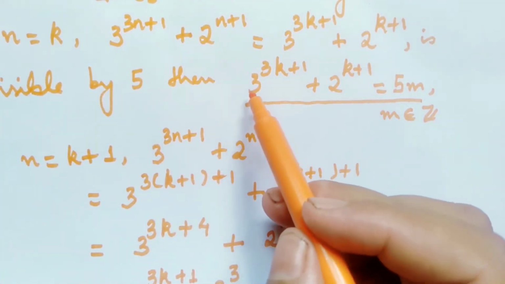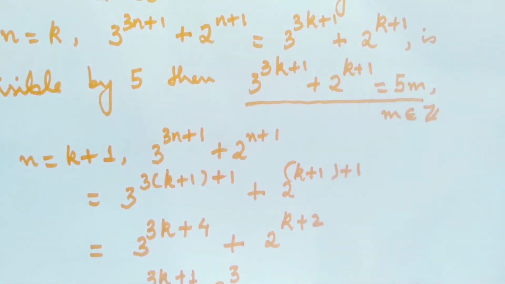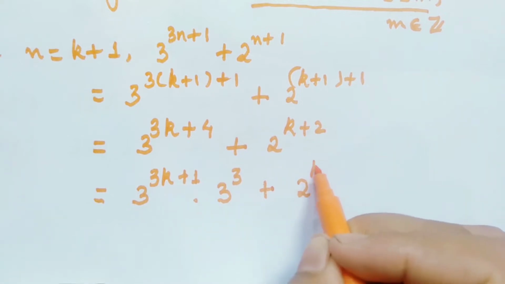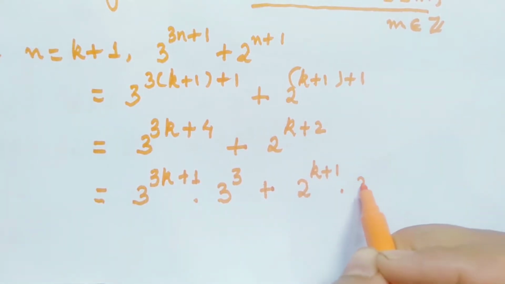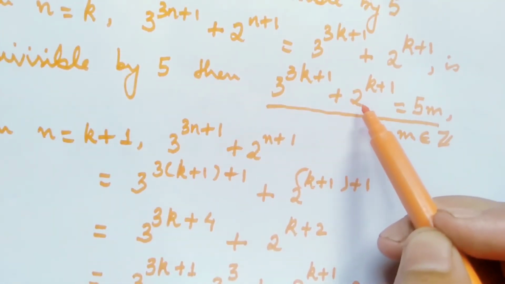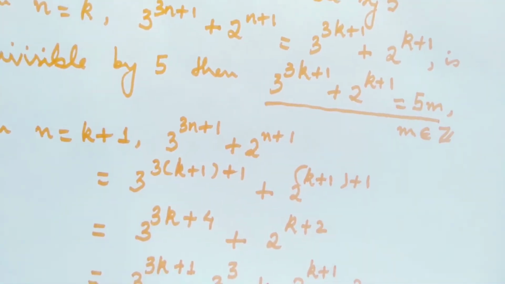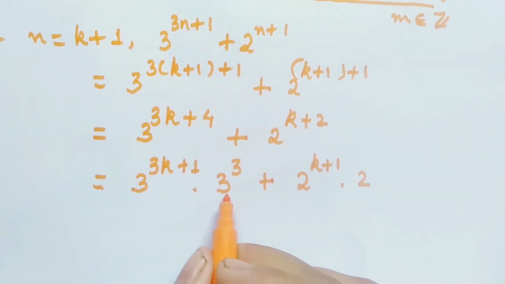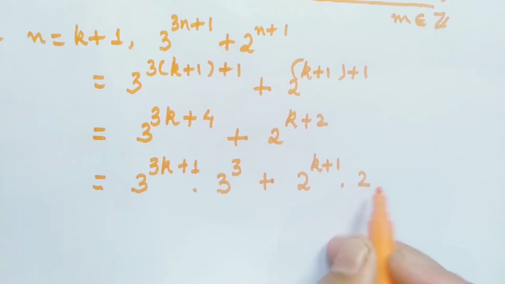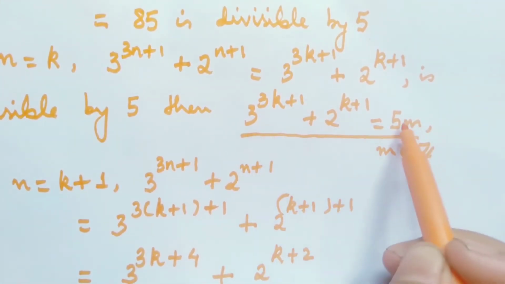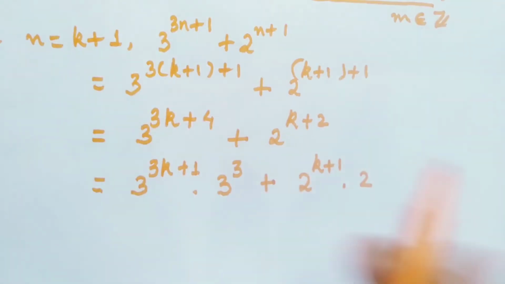See here, 3^(3k+1), and here we have 2^(k+1) into 2, for the same reason, because here we have 2^(k+1). Now from here we have 3 cube and here 2. So it's not easy to replace this by 5m because of these two, 3 cube and 2.